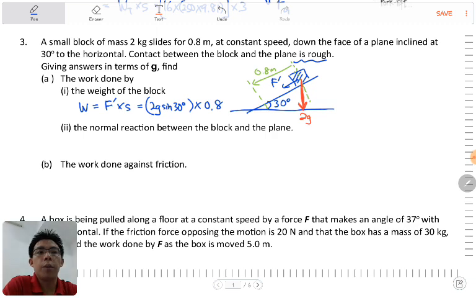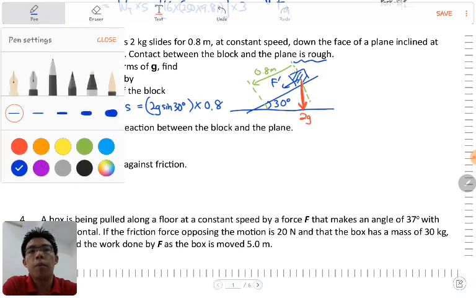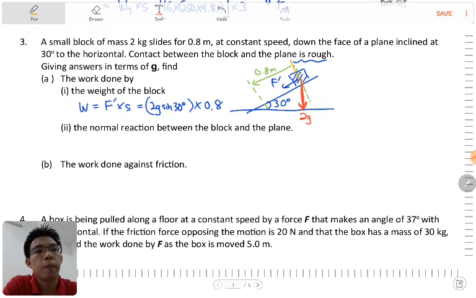Next, the normal reaction between the block and the plane. So normal reaction means, there's a normal reaction, let's say N. Okay, and we can see that the normal reaction is perpendicular to the direction of the 0.8 meter move.